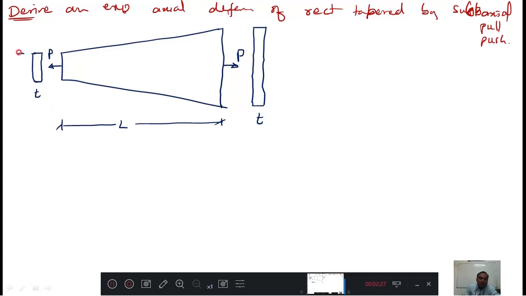Then this breadth is B1 and this breadth is B2. Now this is the axis. Now I will consider a small strip here. This is a small strip.